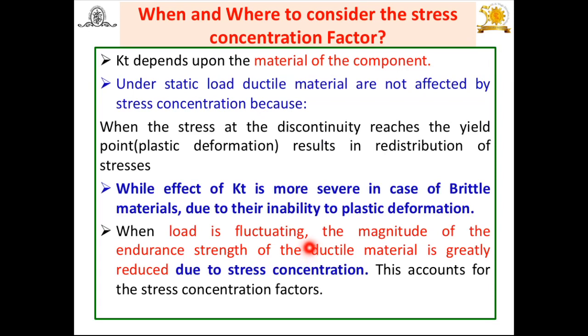Because of these fluctuating stresses, you will find the magnitude of the endurance strength or fatigue strength, and the component may fail before reaching the ultimate tensile strength, or it may fail even before the yield stress. That's why it's necessary to consider it in case of fluctuating load for both cases, made up of ductile material as well as brittle material.